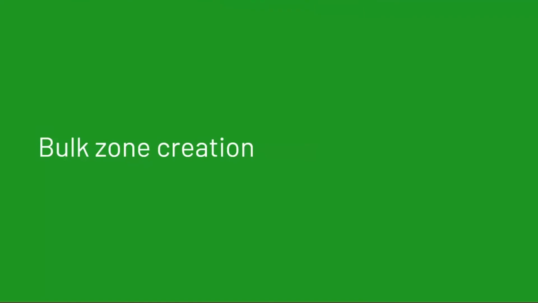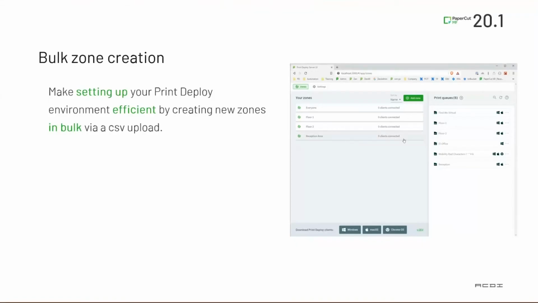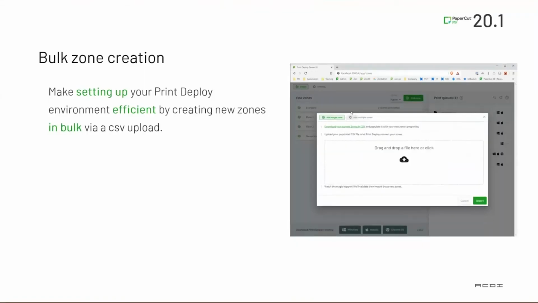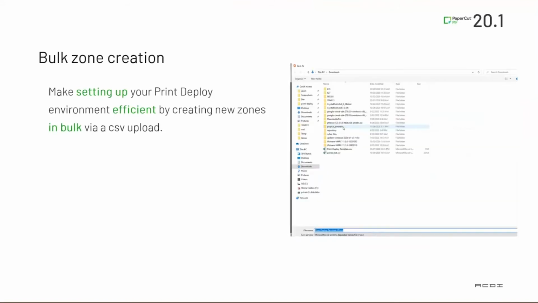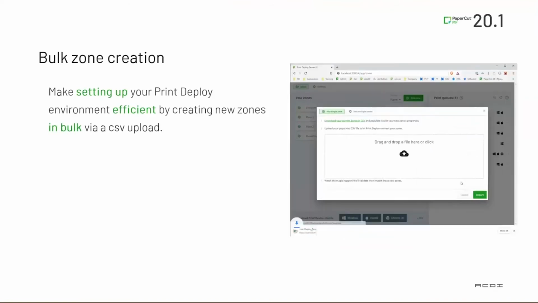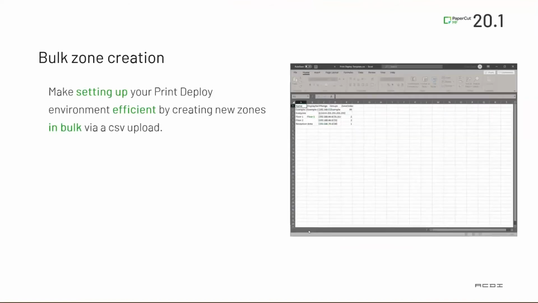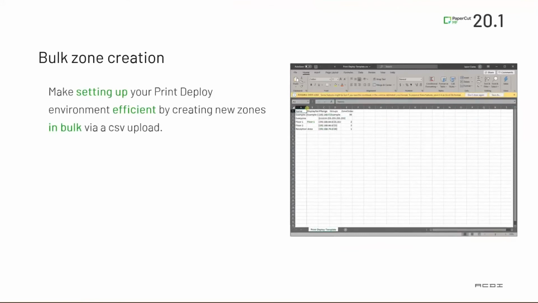Another Print Deploy feature that is just on the horizon, it'll just show up with continuous delivery too. Really excited about it, bulk zone creation. Even enterprise customers have been finding out that Print Deploy is easy to set up and easy to use. So now configuring your zones is even easier with the ability to upload the info via CSV and have Print Deploy do all the work for you.